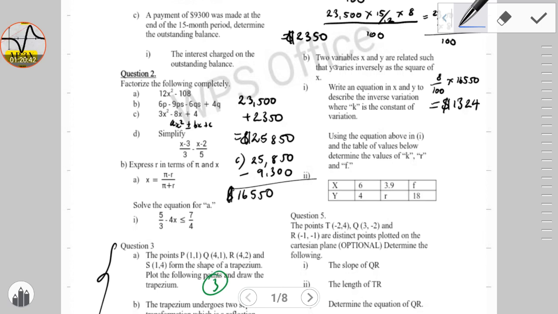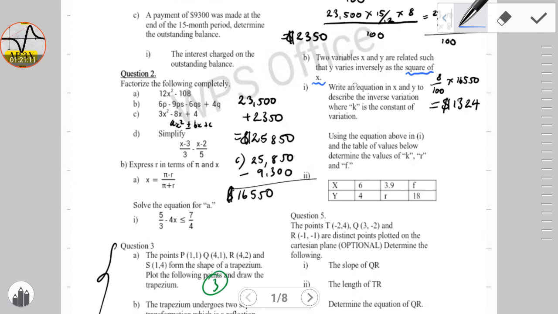So part B: two variables x and y are related such that y varies inversely as the square of x. Key part here, many students keep forgetting to adjust the formula. I find that a lot of the students were successful in writing down the correct formula, but still they were not able to use the table method to solve this question.